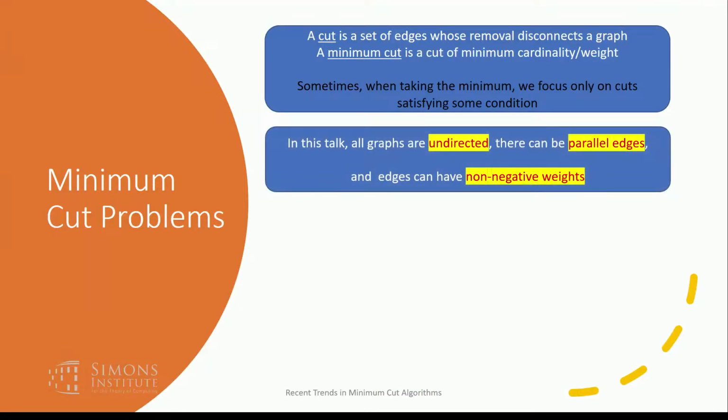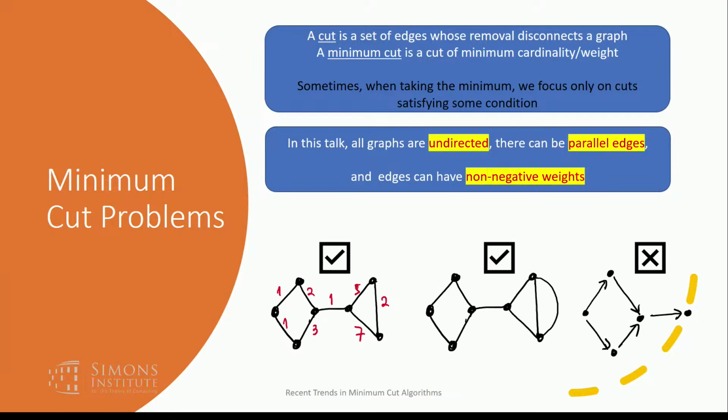In this talk, all graphs are undirected, and we can either think of the graph as unweighted with parallel edges or weighted with non-negative weights. So for example, in this case, these are valid graphs that we'll be studying. On the other hand, we will not be studying directed graphs in this talk.